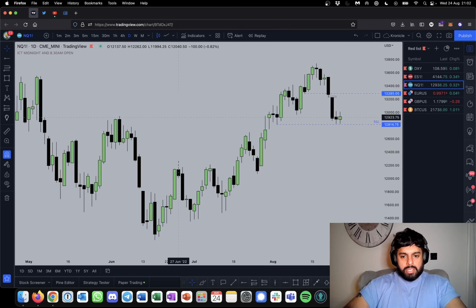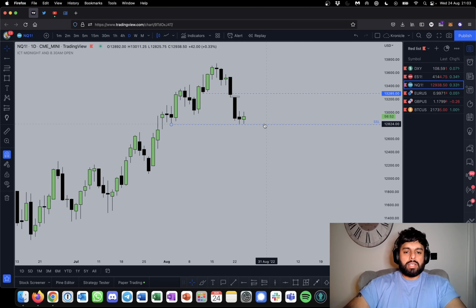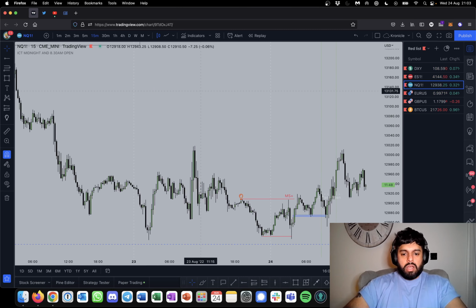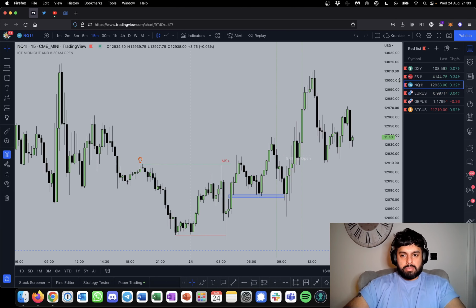What I've got here on the NASDAQ is this area of interest for liquidity, and we didn't quite tap that. So during that time period, I wasn't very confident in taking that intraday long on the S&P, just because the NASDAQ could have decided to go lower, and as the S&P and the NASDAQ move together, that may have dragged down the S&P as well, which would have invalidated this trade idea.